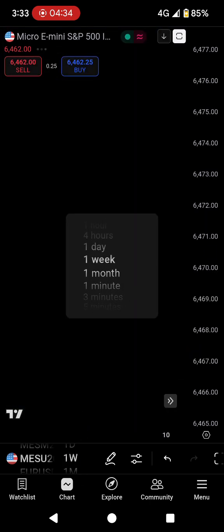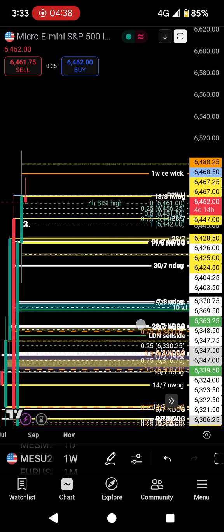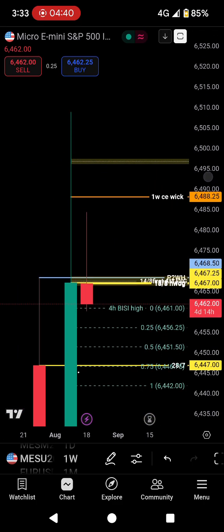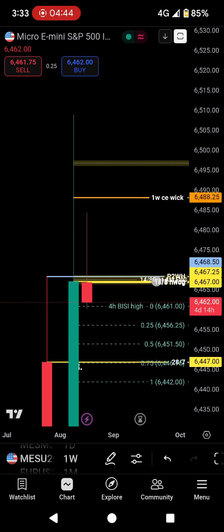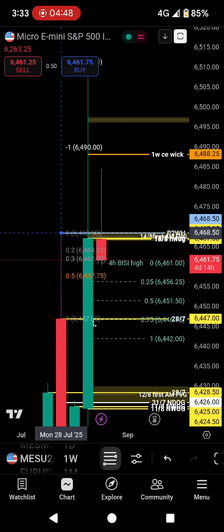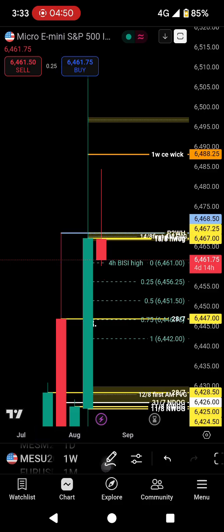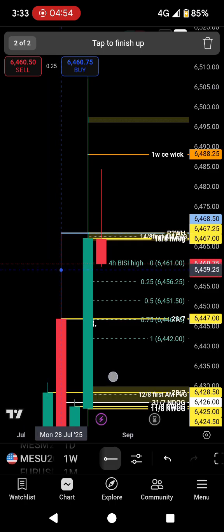So on the weekly chart, at the moment, where is price likely to draw to? Okay, this weekly CE week. So we're gonna see this weekly CE week as well. Okay, so you're gonna draw this 6457.75. So I'm expecting this weekly CE week to support.